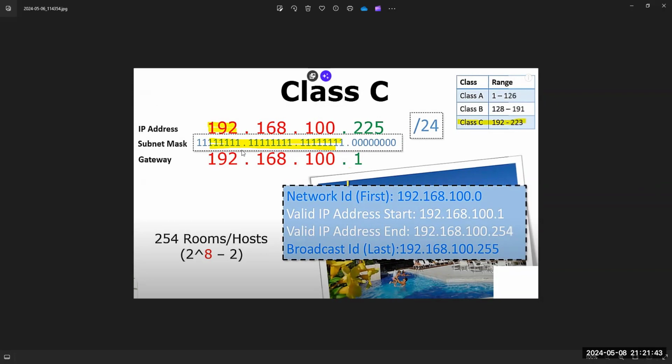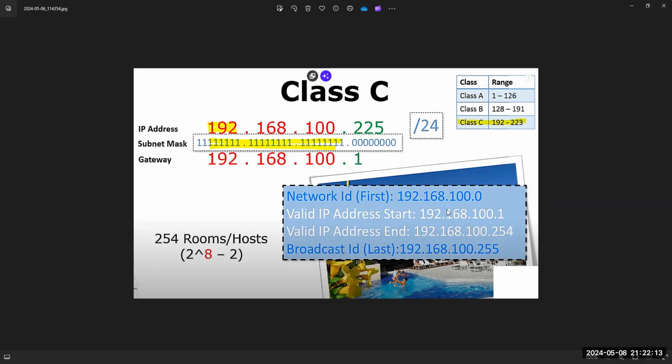Now, if I want to find out, this first 0 will be the first network ID, but our valid IP addresses will start from 0.1 till 254, right? And our broadcast ID will be this one, that is 0.255, right?